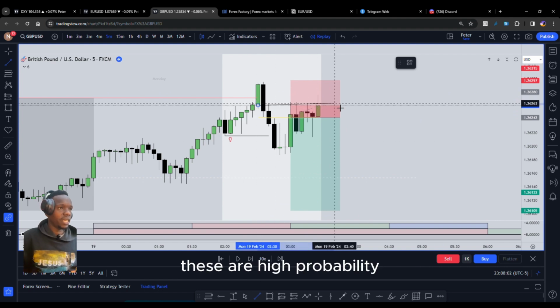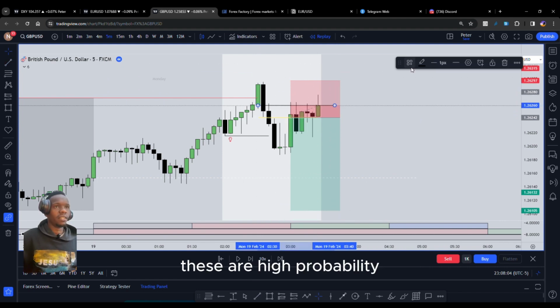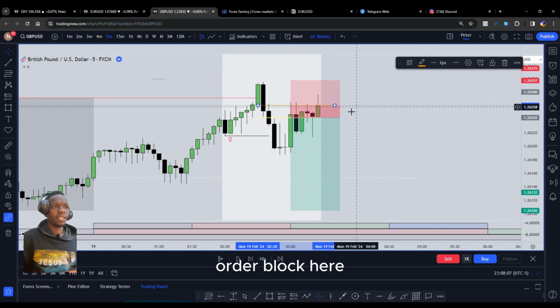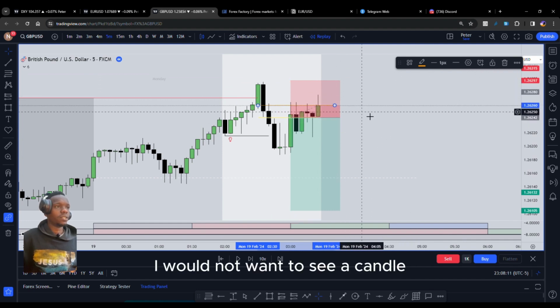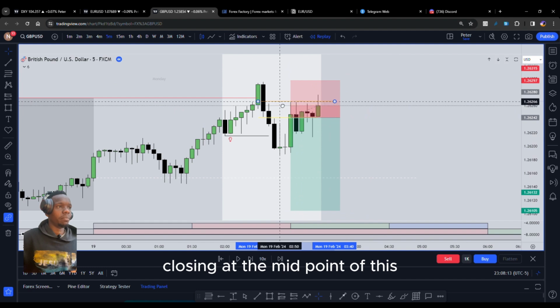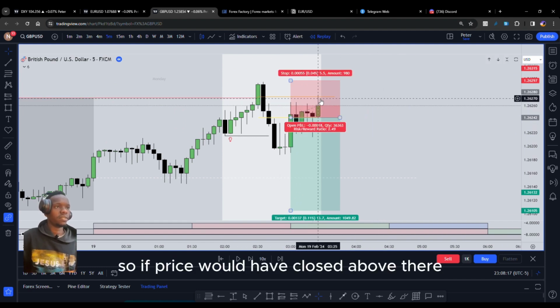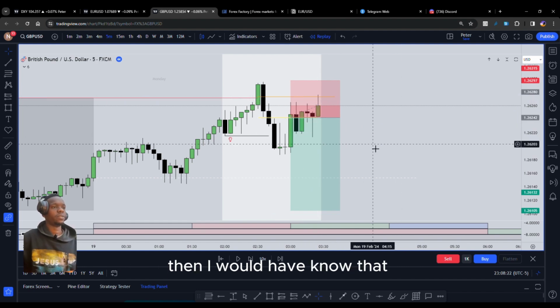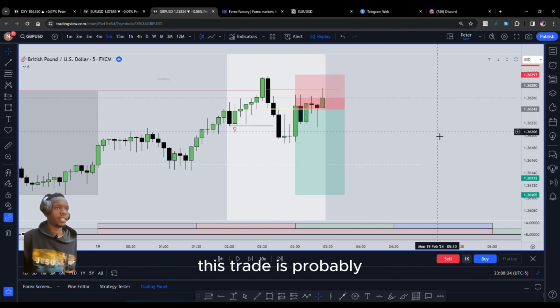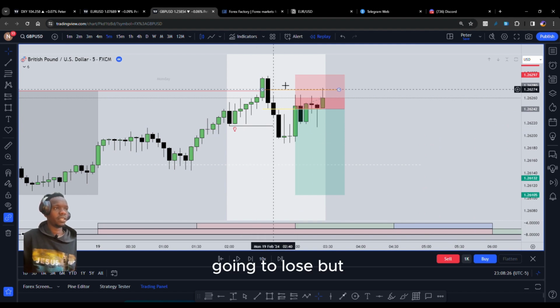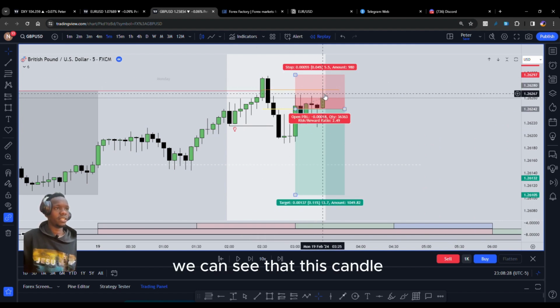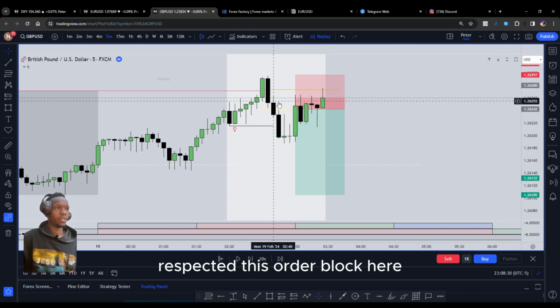These are high probability order block here. What I don't want to see is a candle closing at the midpoint of this candle, the mean threshold. So if price would have closed there, then I would have known that this trade is probably going to lose. But you can see that this candle respected this order block here.